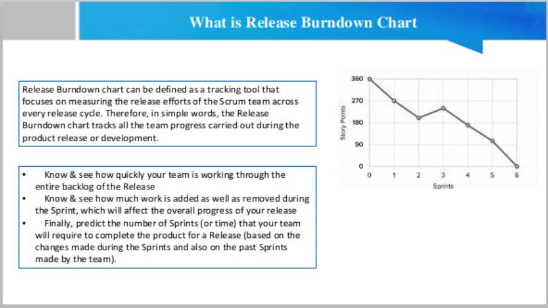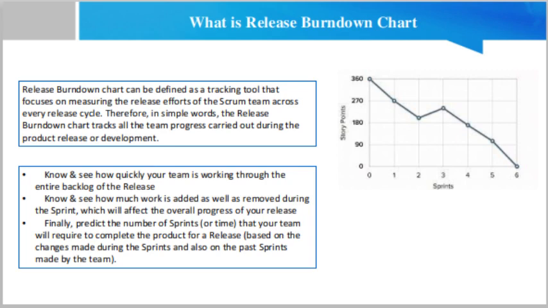The chart is measured graphically where the y-axis will show the story hours or points versus the x-axis which will show the time used by the Scrum team members, the number of sprints.